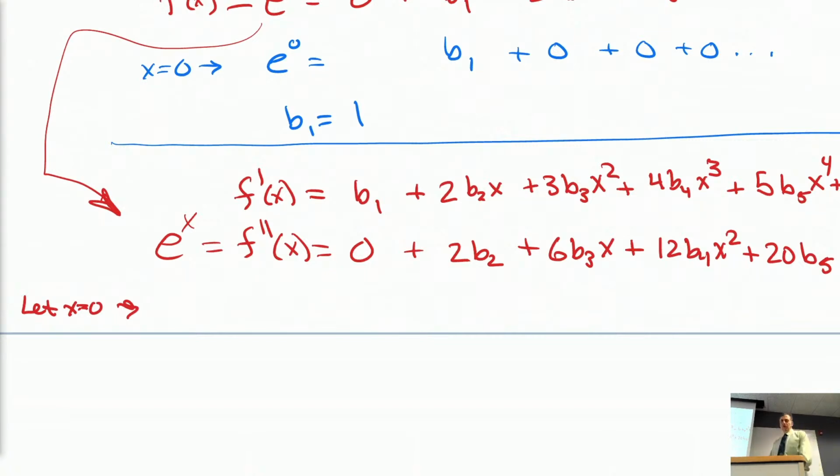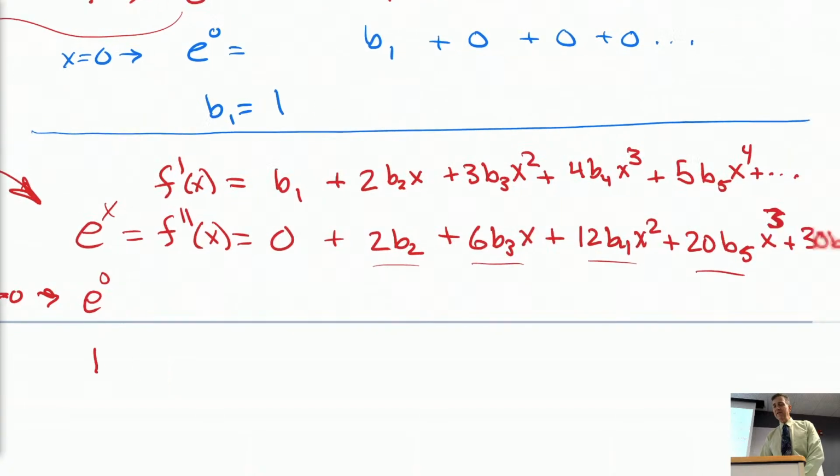Austin, what did you get when you plugged x equals 0 into that previous line? Well, talk me through it. What's e to the 0? 1, that's right. So e to the 0 is 1. And then you're just going to plug x equals 0 into everything over here.